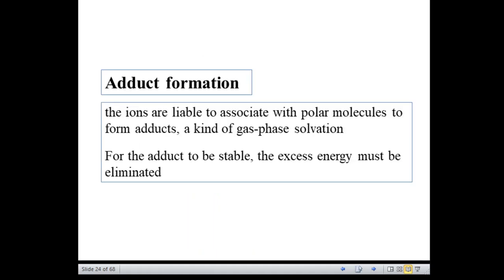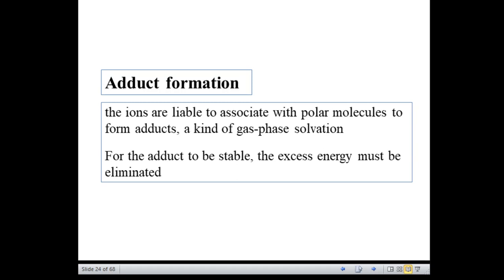In chemical ionization plasma, all the ions are labile to be associated with polar molecules to form adducts. So it is a kind of gas phase solvation. And this process is favored by the possible formation of hydrogen bonds.